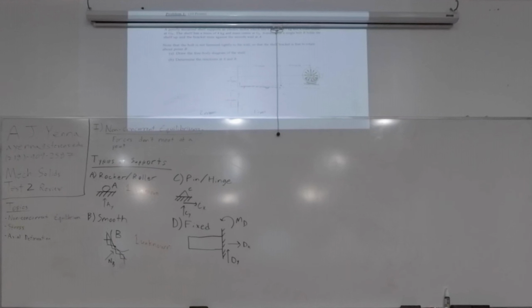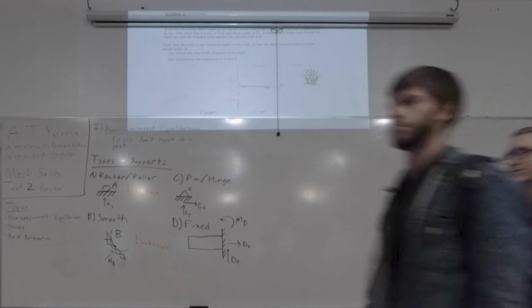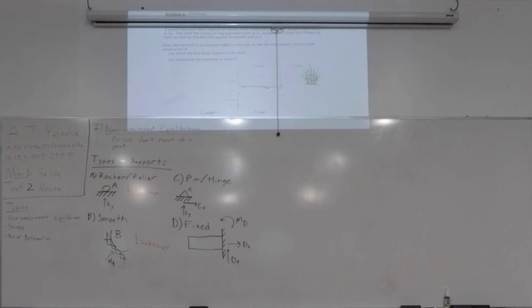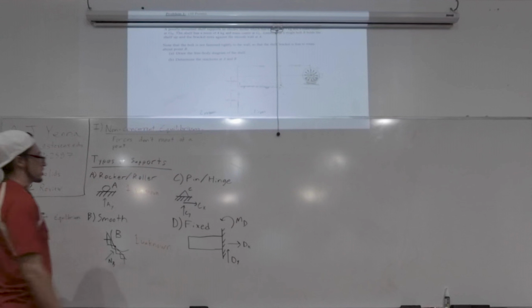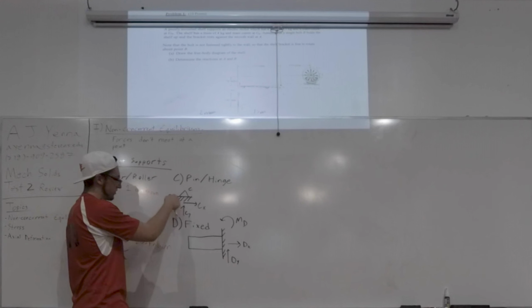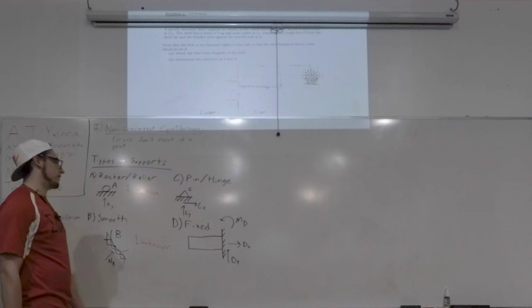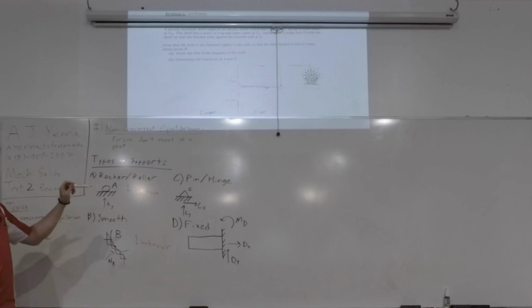The third type is the pin or hinge. The symbol for this one is the triangle with these little fixed hash lines. This one is going to have 2 reactions coming off of it.